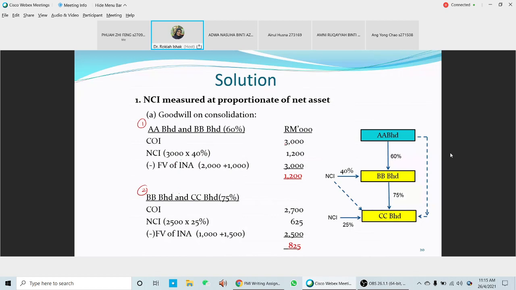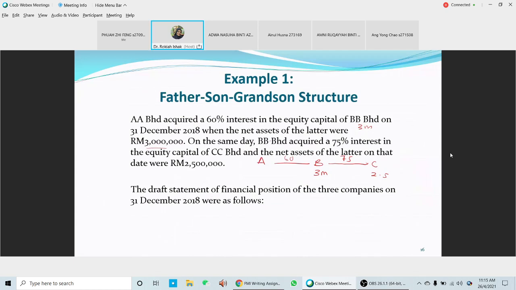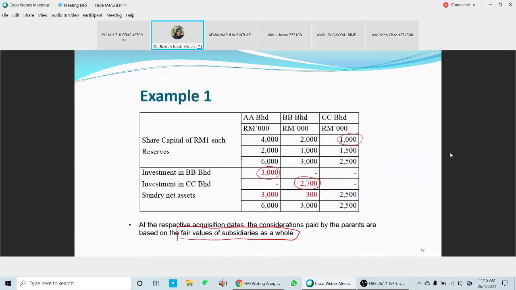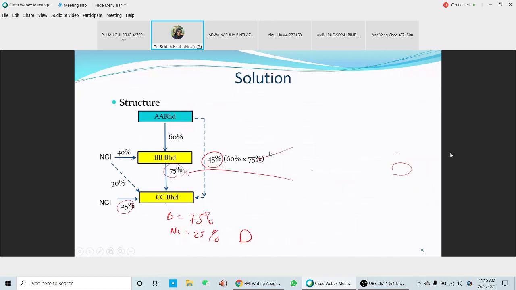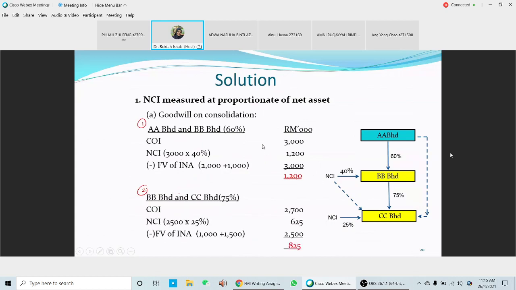Where do you get this 3 million? This one is given here. We record 3 million for A to B, and B to C here is 2.7. So 3 million COI, and NCI based on proportionate shares is 1.2.